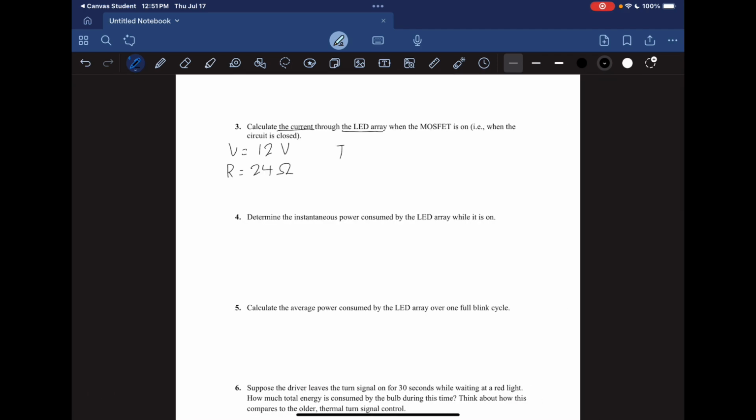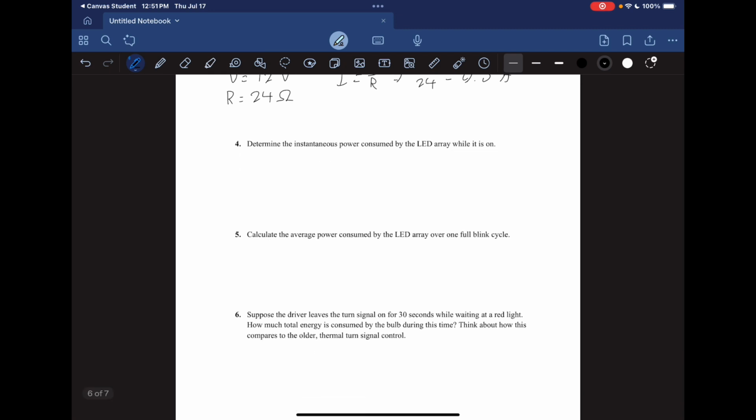So using, again, Ohm's law, I equals V over R, this is going to be 12 over 24. So we have 0.5 amps when the circuit is closed. This is how much current is through the LED array.